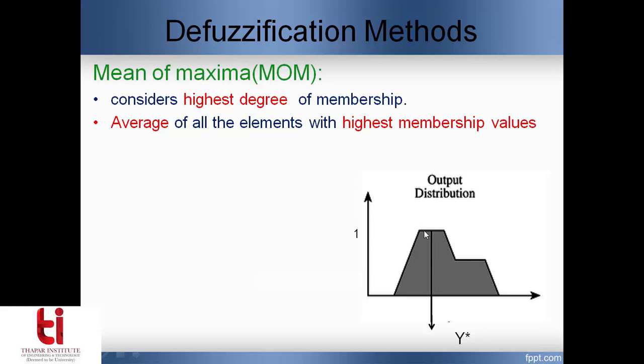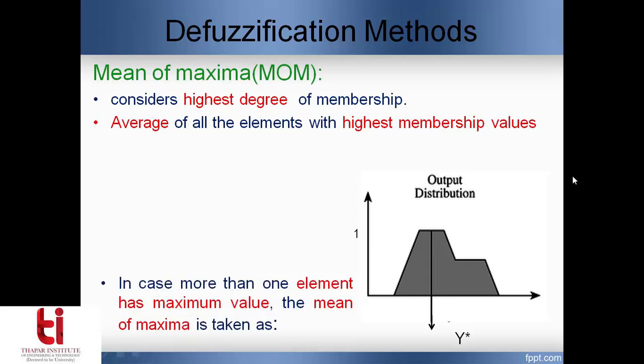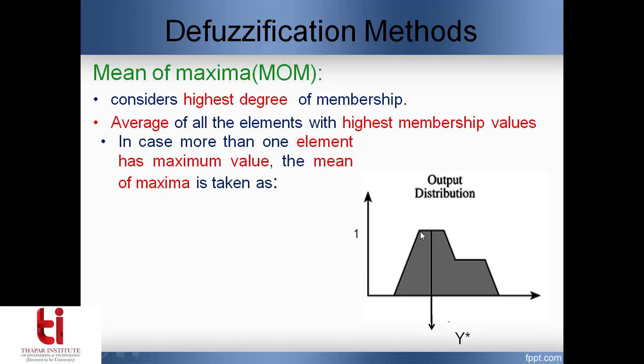Here, though I have this maximum membership value of 1 in my aggregated output set, instead of a single element, I have a number of points in the interval, let's say between a and b, between these 2 points.